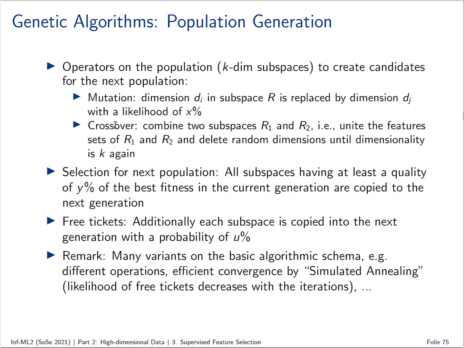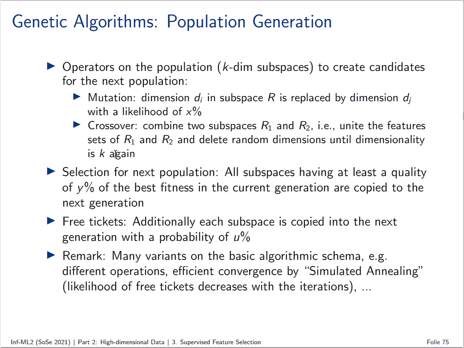The second operator is crossover, where we combine two subspaces, R1 and R2, meaning that we unite the feature sets of R1 and R2, for example by an AND or an OR operation if we have bit strings, and delete random dimensions until the dimensionality is k again. So we can just concatenate the feature sets and then delete random dimensions until we have k dimensions again.